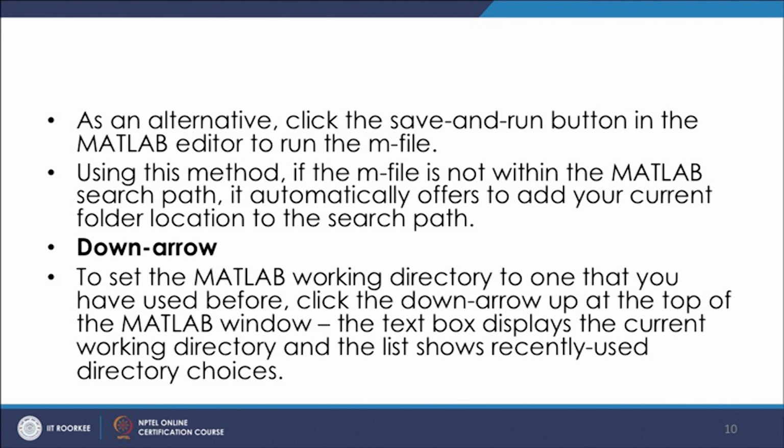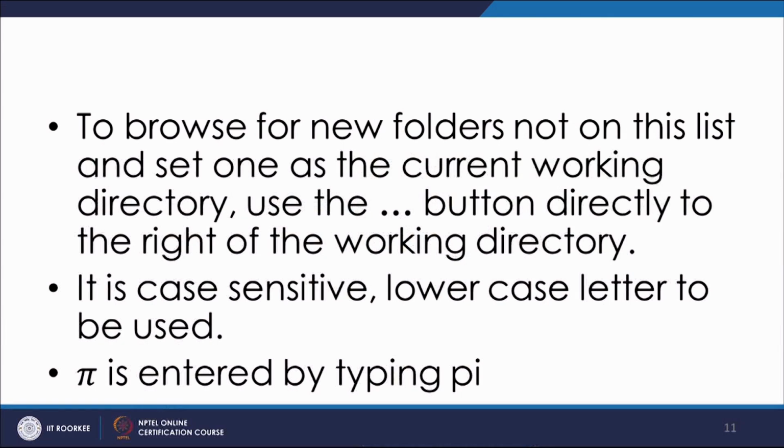To set the Matlab working directory to one that you have used before, click the down arrow at the top of the Matlab window. The text box displays the current working directory and the list shows recently used directory choices. To browse new folders not on this list and set one as the current working directory, use the 3 dots button directly to the right of the working directory.